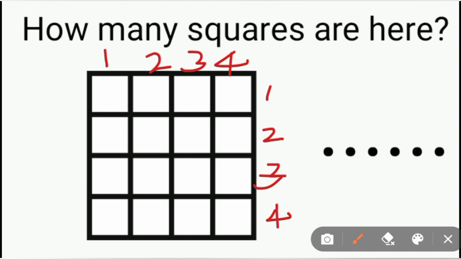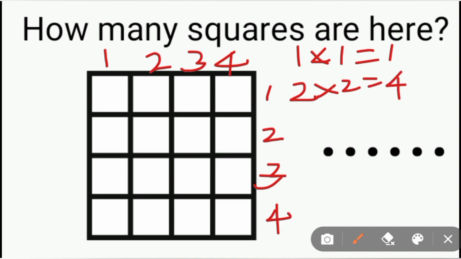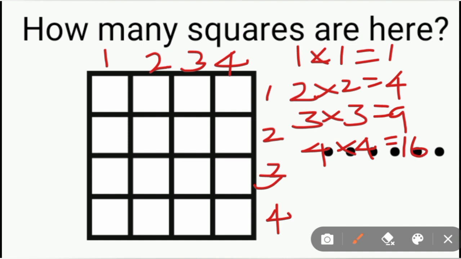Now let's multiply. 1 into 1 is equal to 1. 2 into 2, 4. 3 into 3, 9. 4 into 4, 16. Now we have to add all together.